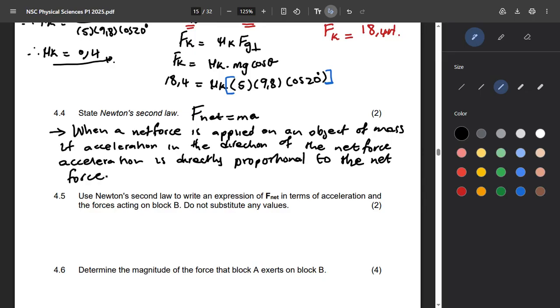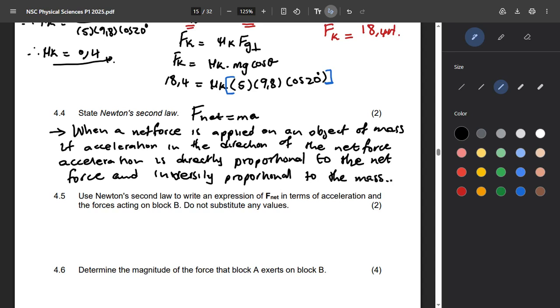You get it? And it's also inversely proportional to the mass.